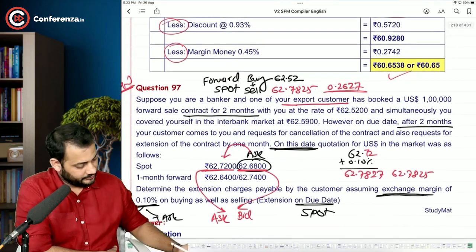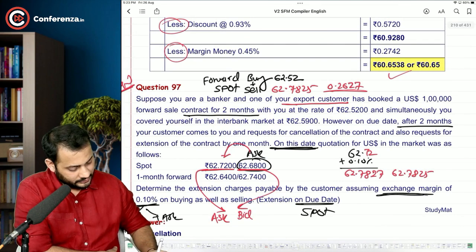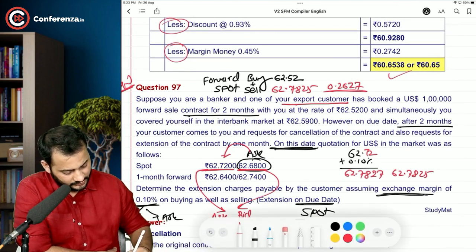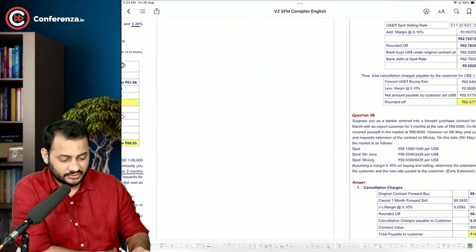Yeah, right. 62.52 minus 62.7825, that's 2625. Yeah, proper, that's just the 2625. So 26250 is the final answer, which is the profit.